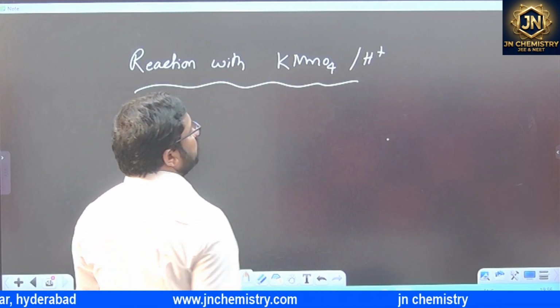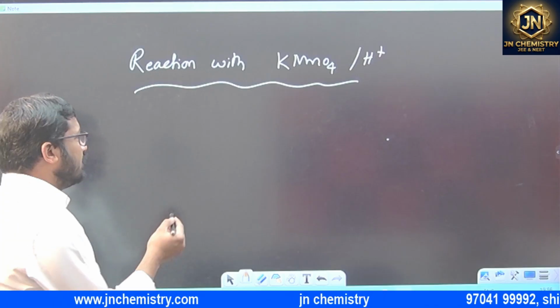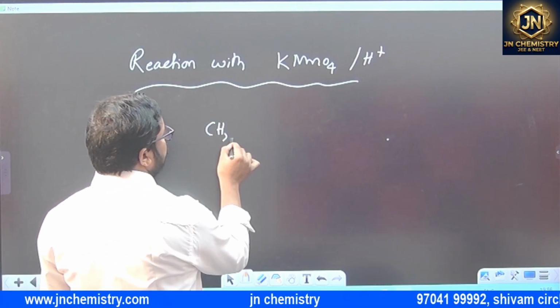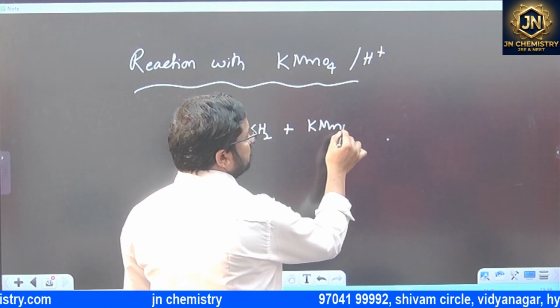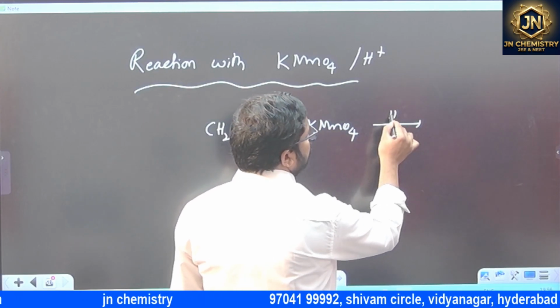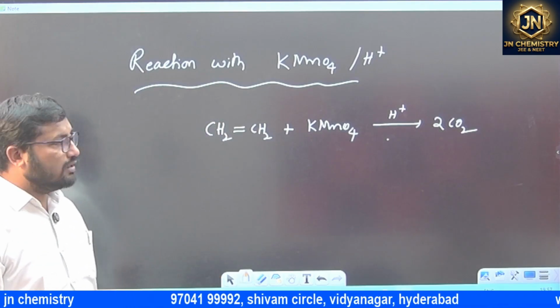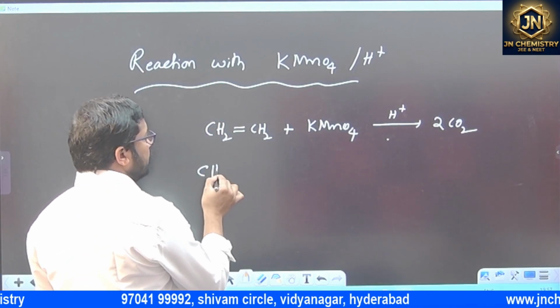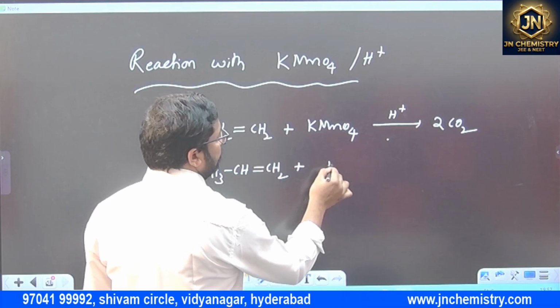Part KMnO4 also we can see. This is an application of ozonolysis. For example, CH2 double bond CH2 with KMnO4, H plus. We will get different types of products over here, but I'll let you know how we need to solve this question.